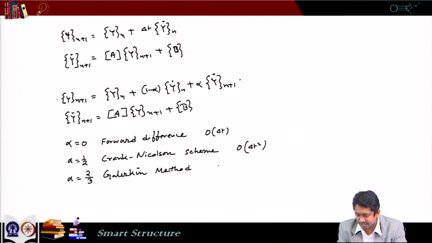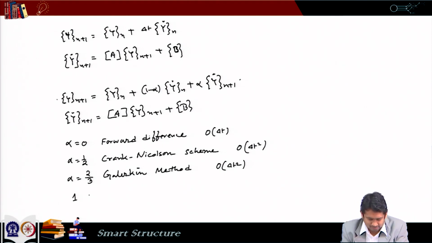But please understand, this Galerkin method is not what we did before when we wanted to solve the partial differential equations, and when it is 1, it is backward difference method.